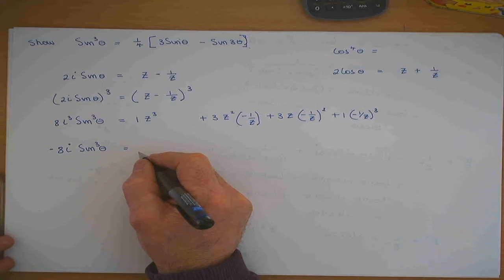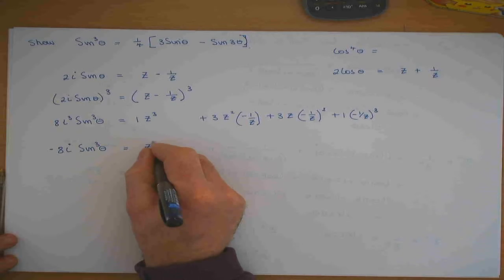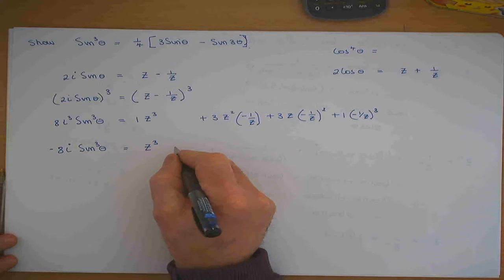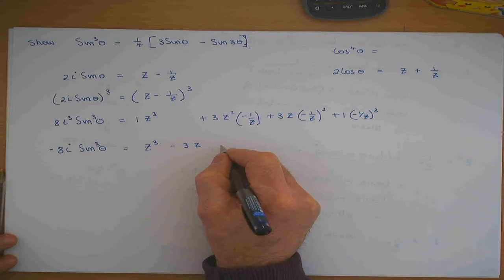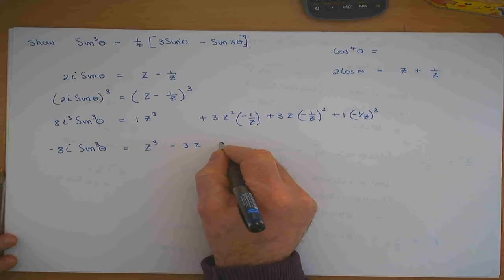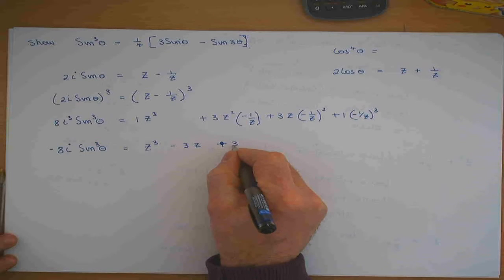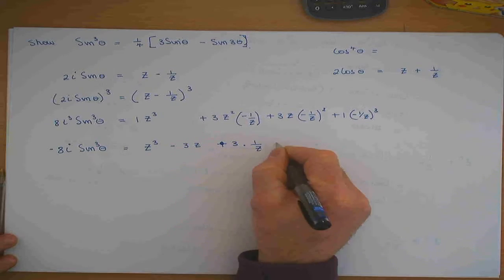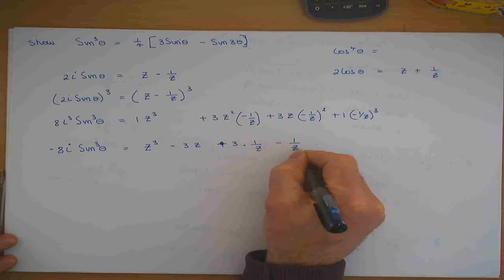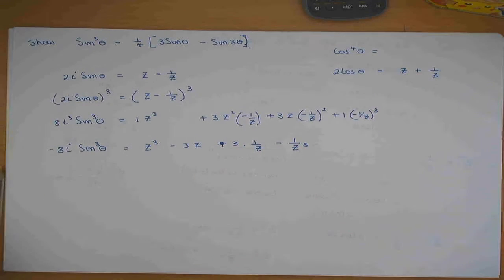Iota squared was minus 1. This is z cubed, this would be minus 3 z, plus 3 times 1 over z, minus 1 over z cubed. Do you understand that line?